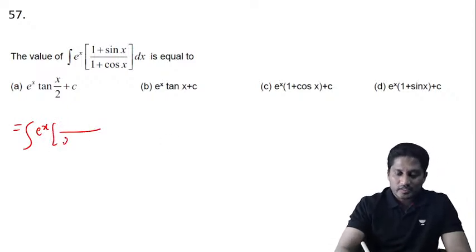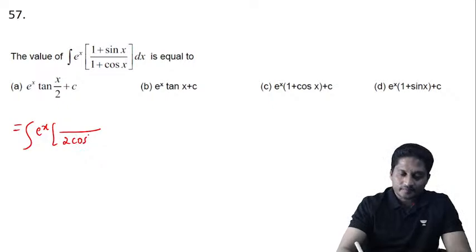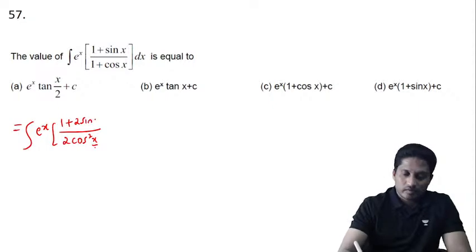1 plus cos 2x is 2 cos square x by 2, right? Okay, and then 1 plus sin x can be written as 2 sin x by 2 and cos x by 2.